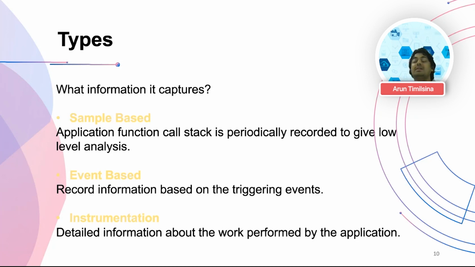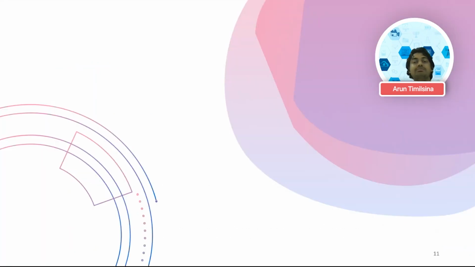It captures which method was being executed, what time was taken by the particular method, what the memory allocation was before entering a particular method, and what the memory allocation was after coming out of that method, how many objects were created by that method, what the number of DB calls made by that method was, or what the CPU usage was during the processing of that method. So all this detailed information will be captured through instrumentation profiling.